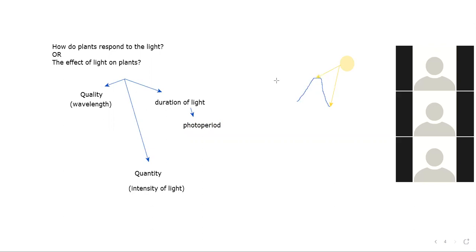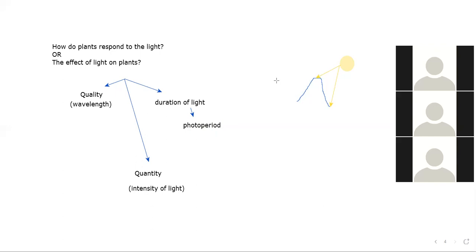If the light has to travel longer through the atmosphere, it will lose its intensity on the way, because there will be loss of radiation on the way. But on the mountain top, the distance is smaller.